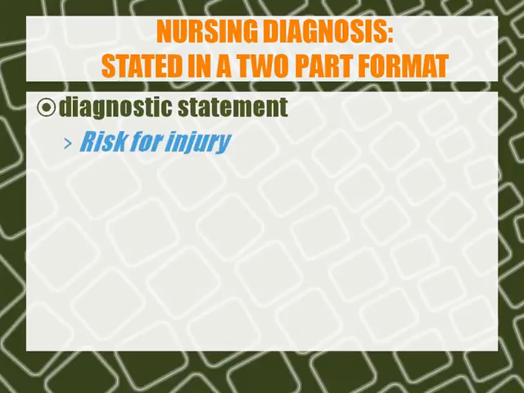When we're looking at writing our nursing diagnosis considering NANDA, we will start with the diagnostic statement. And again, this comes from NANDA. Risk for injury. If I have a patient that has orthostatic hypotension and has a history of falls, well then risk for injury would be appropriate for them.